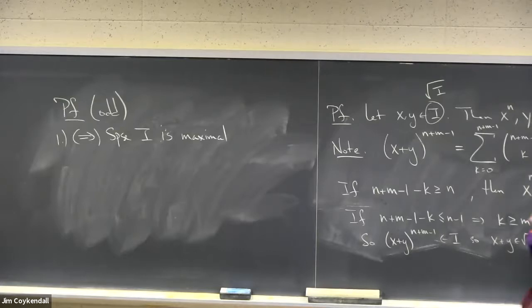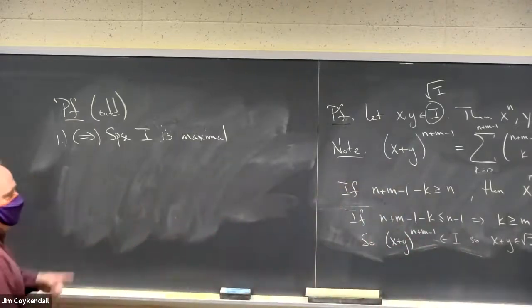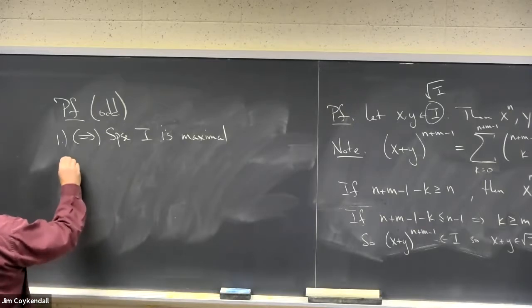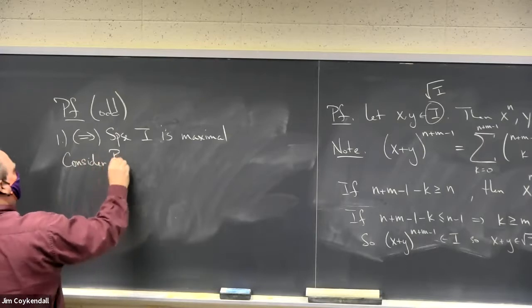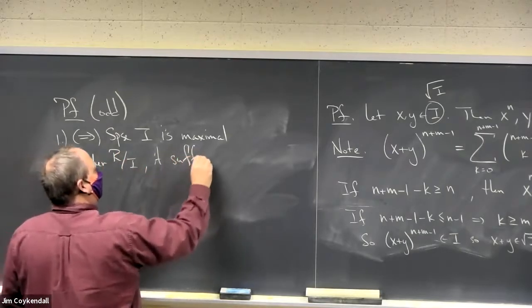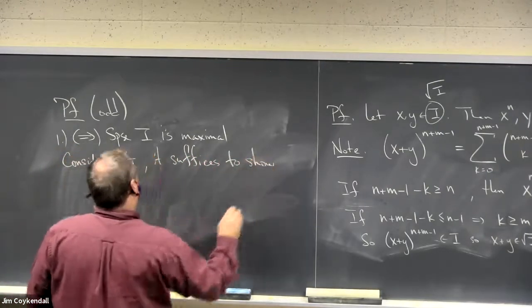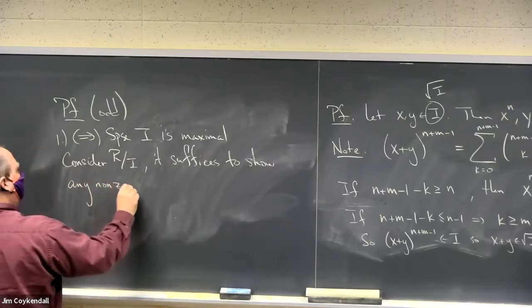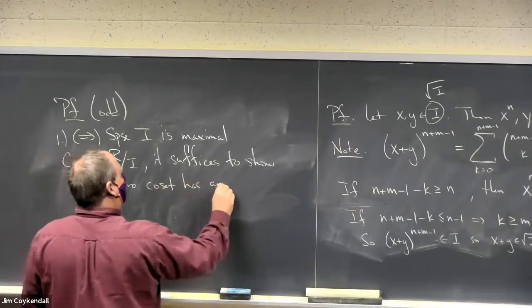So let's suppose that I is maximal. What we want to do is show that R mod I is a field. So it suffices to show any nonzero coset has an inverse.